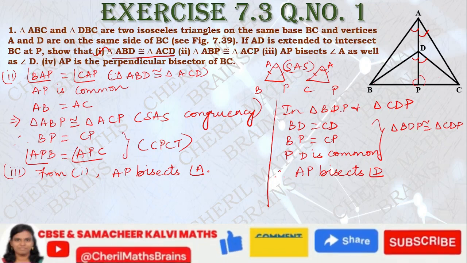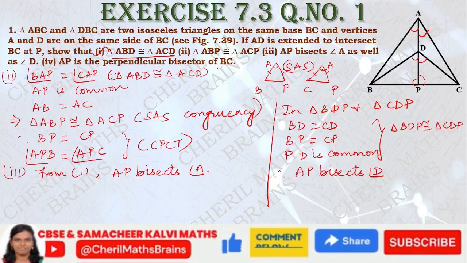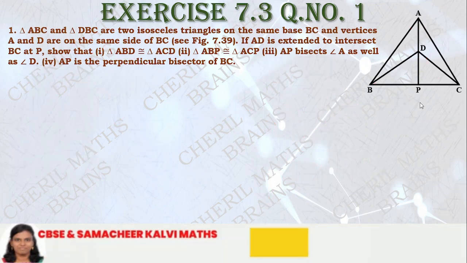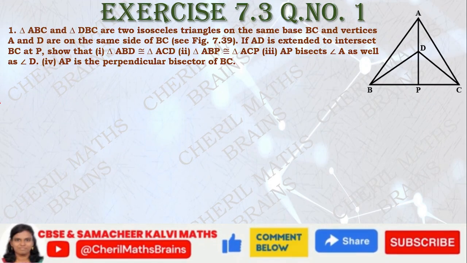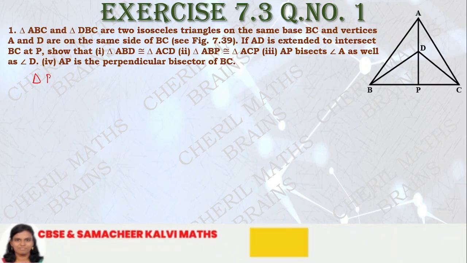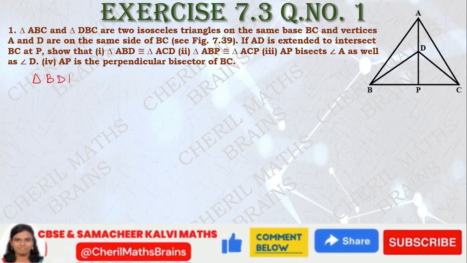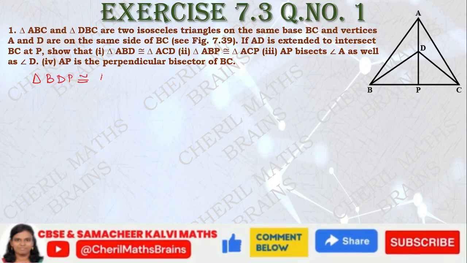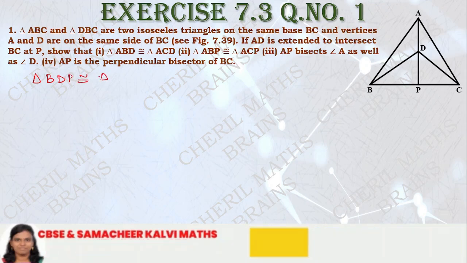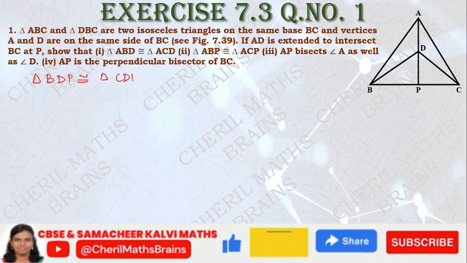What's the next thing? The next thing is we'll have to prove that this is the perpendicular bisector. Just now we have proved that triangle BDP is congruent to triangle CDP.